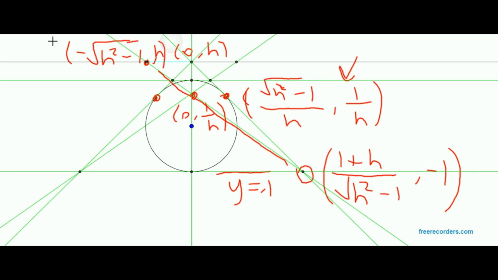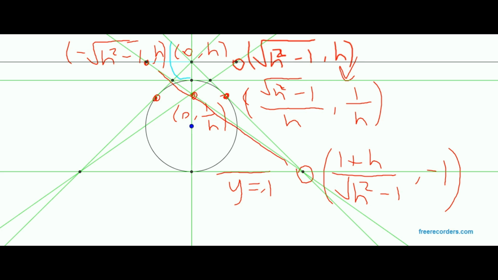Let me just put a line there to make sure those two don't look the same. And similarly, this is the reflection, so this point here has x coordinate square root of h squared minus 1, y coordinate of h.